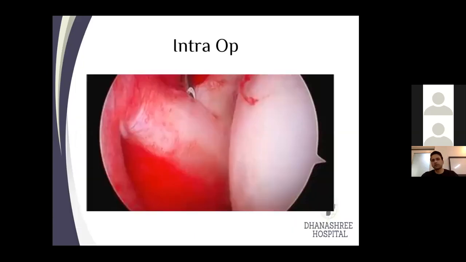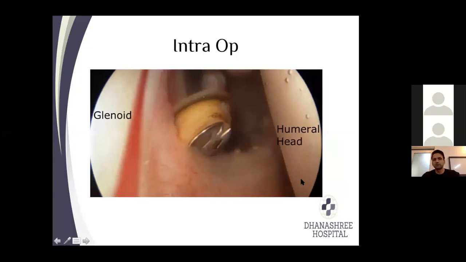So this was the intraoperative picture. If you see here, there is the middle glenohumeral ligament, and this has become quite cord-like or quite thick. And this thick middle glenohumeral ligament, along with this redness, shows that there is a lot of inflammation inside the shoulder and a lot of stiffness. So what we do is we use this radio frequency wand and we cut open the capsule.